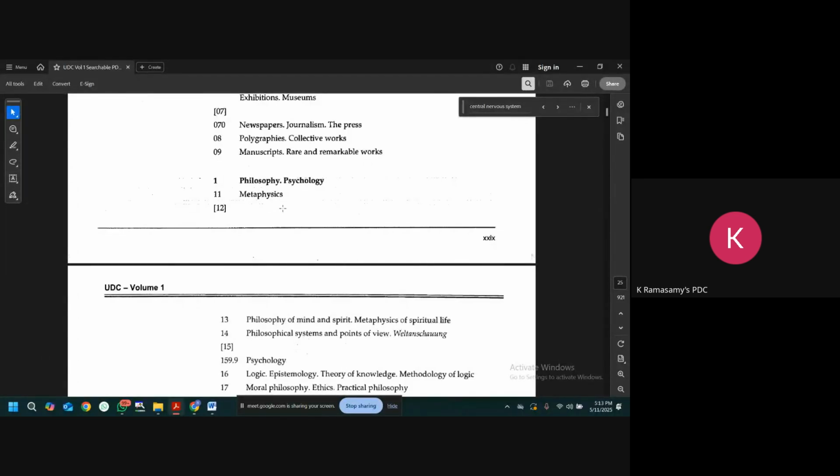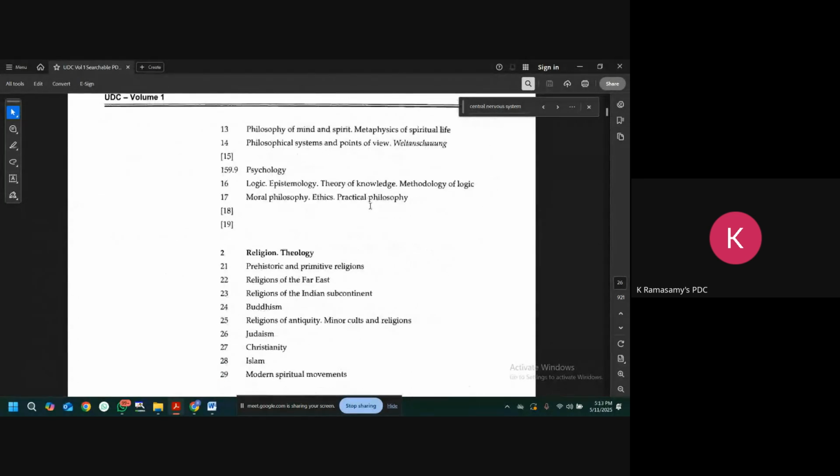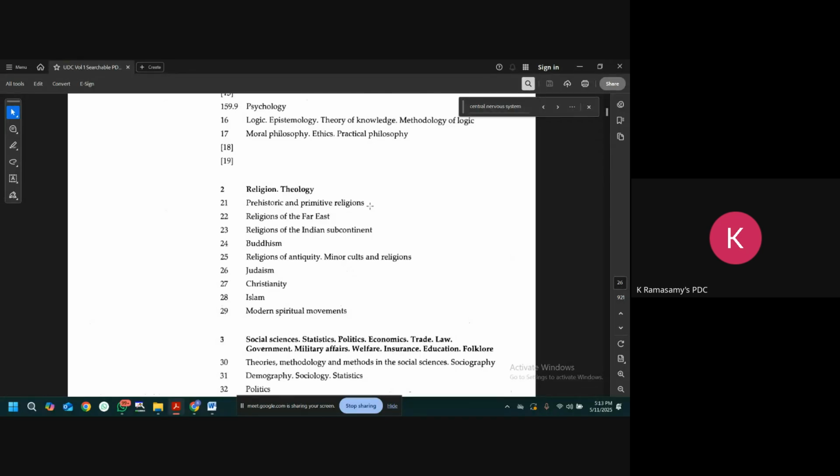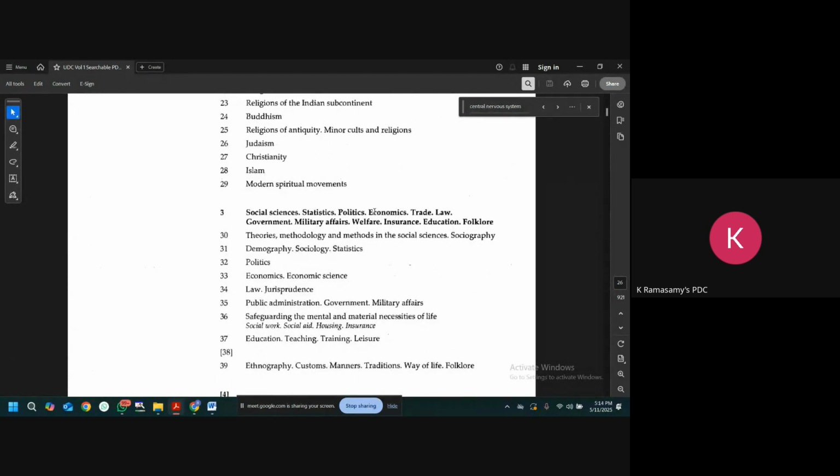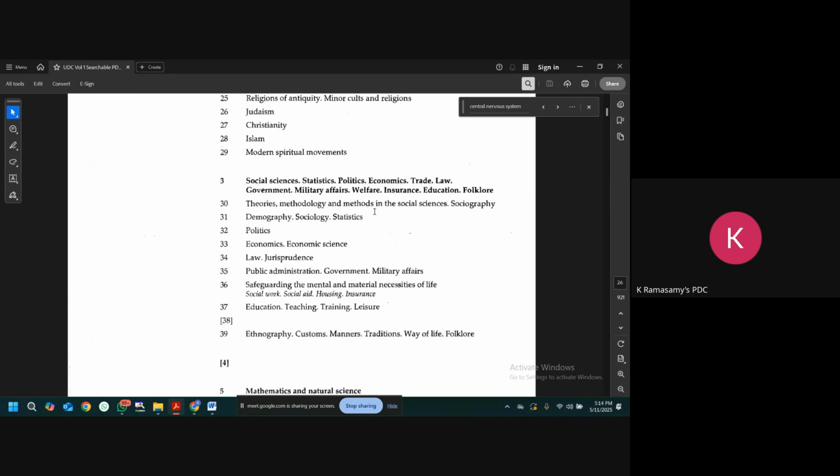Number 1 stands for philosophy and psychology. Number 2 stands for religion, all different kinds of religions. Number 3 stands for social sciences, which includes politics, economics, law, public administration, education, and ethnography. Number 4 is kept vacant.